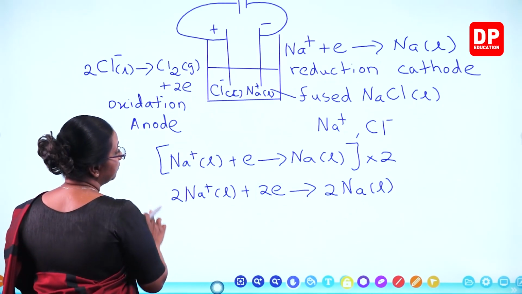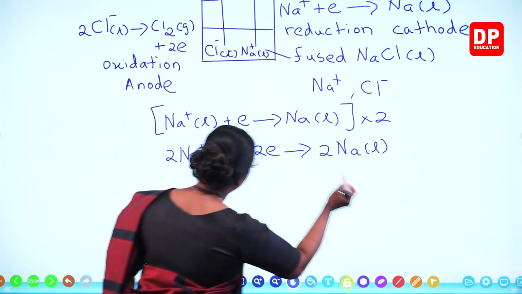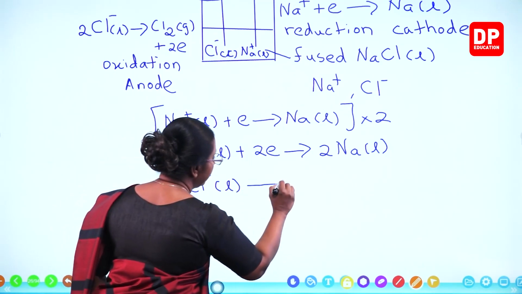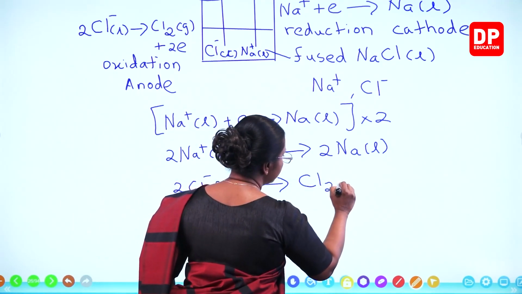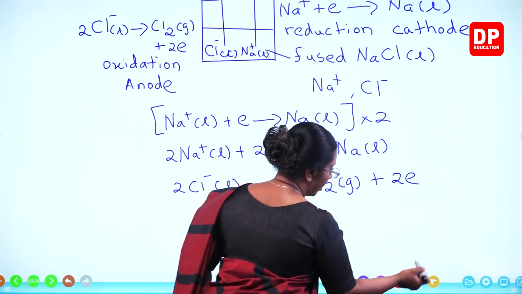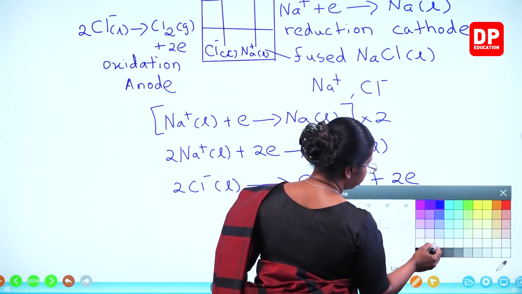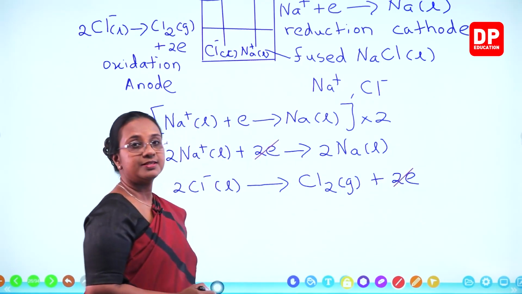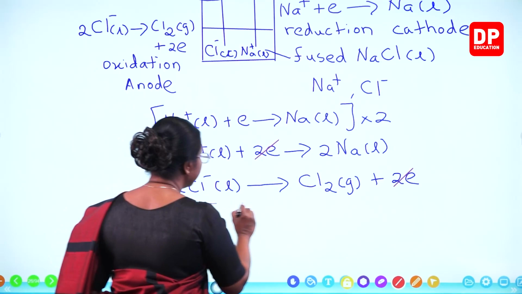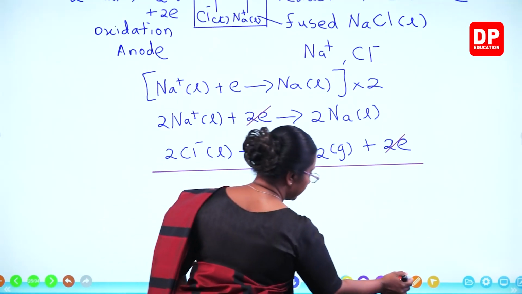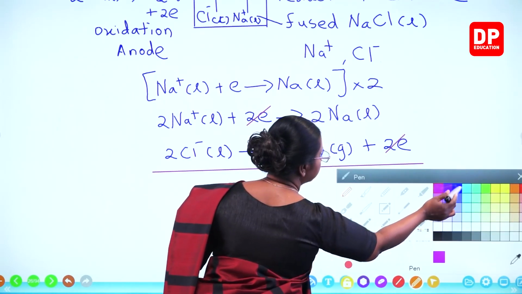With that, we add the oxidation, that is 2Cl- (liquid) becoming Cl2 gas, losing 2 electrons. Now here there are 2 electrons, and there are 2 electrons there. So when you add them together, you get this equation.